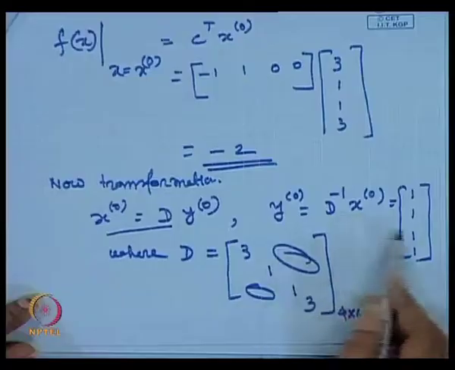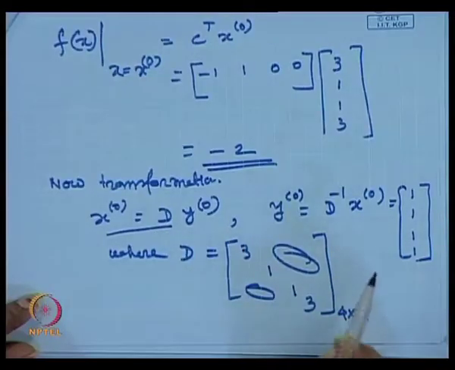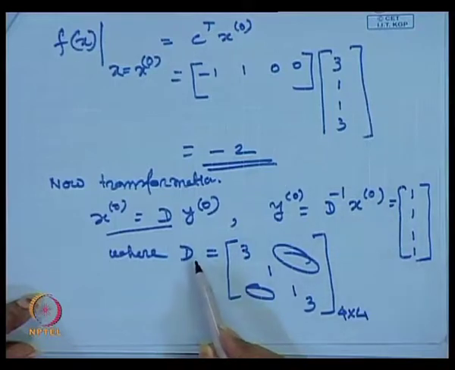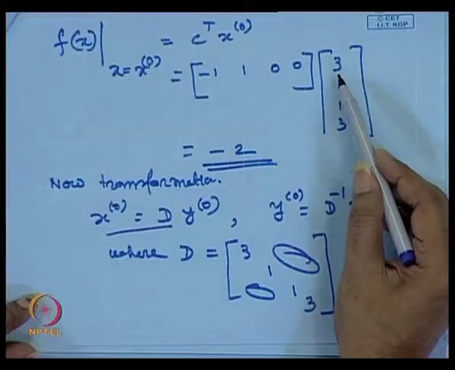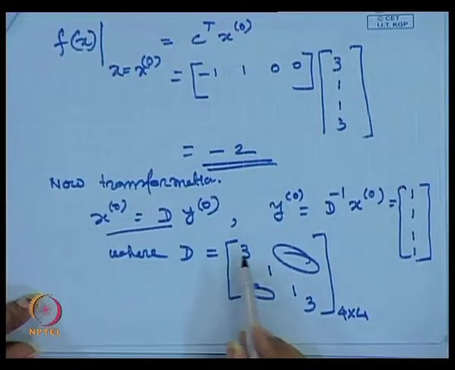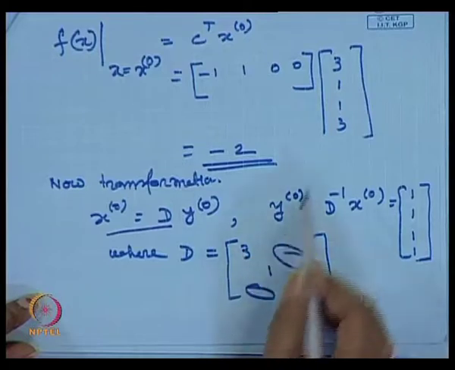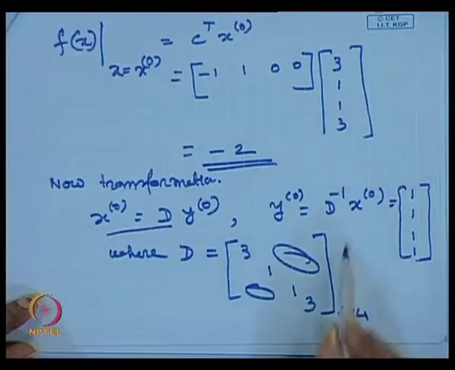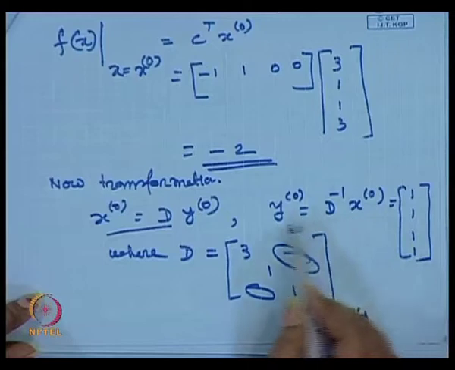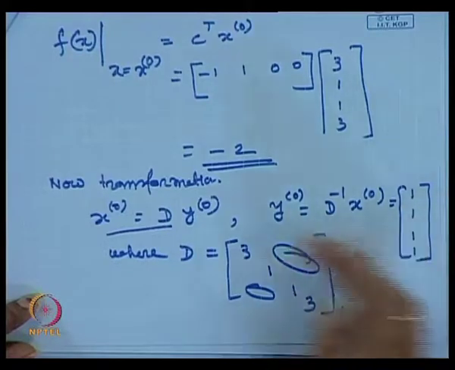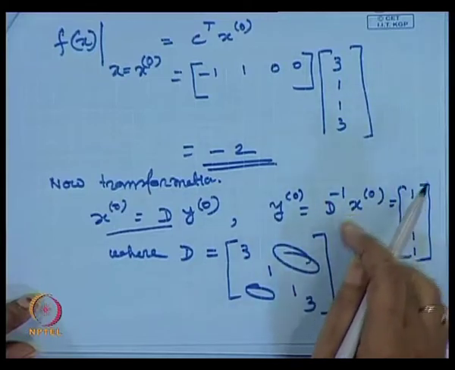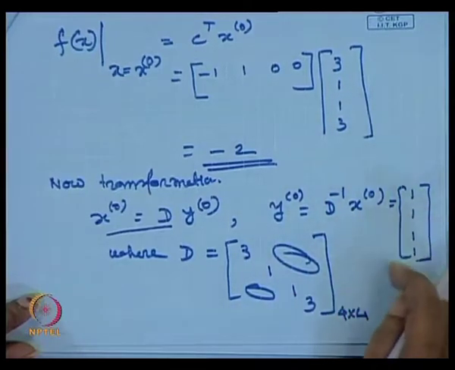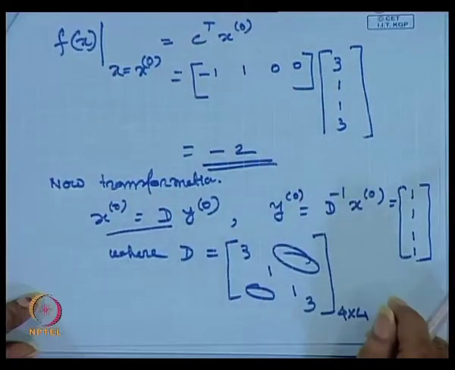This is the choice of scaling: whatever initial interior point we have taken, D will be a diagonal matrix with those elements, and if you multiply D inverse x0 you will see this will be 1. This indicates that y1 of 0, y2 of 0, y3 of 0, y4 of 0 are all equidistant from the axes, the new variables.